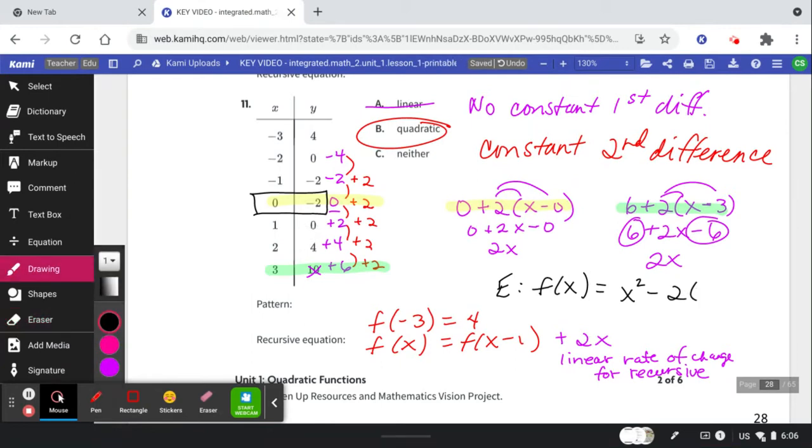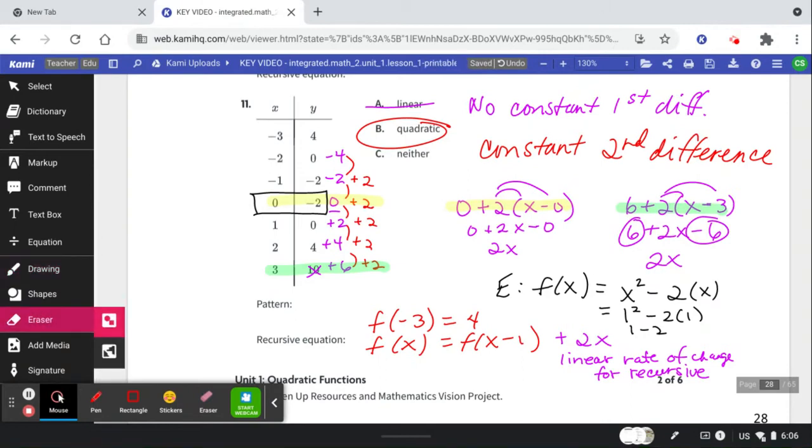So should there be some sort of another x in there or something like we saw on the pattern before? So plugging in 1 squared minus 2 times 1. So in this case, it gives me 1 minus 2 again, which is negative. Nope, not enough. Let's try something else.